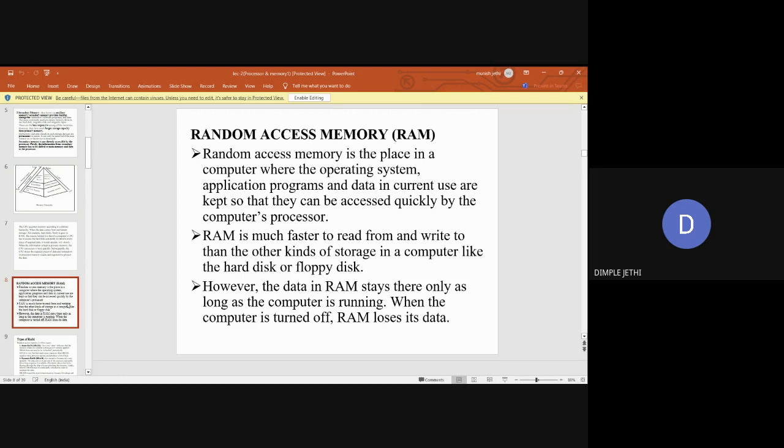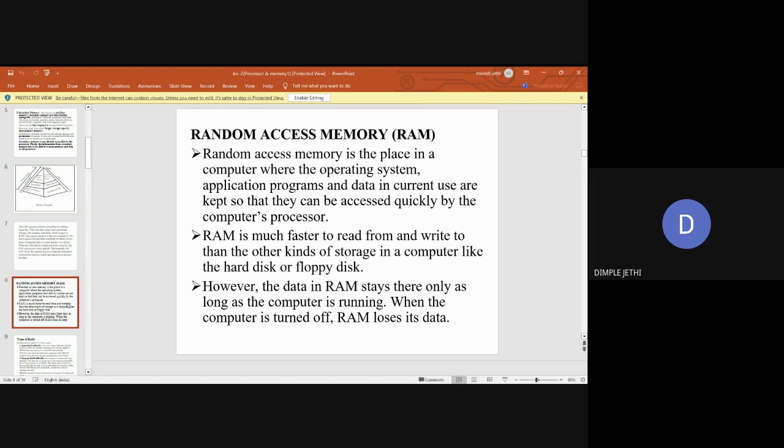RAM is what holds the screen that is opened on your system. Whatever screen is open, whatever work you are doing right now, takes memory in RAM. So the more RAM, the more data you can open on your screen, but that is not permanently saved. This is the advantage and disadvantage of RAM.